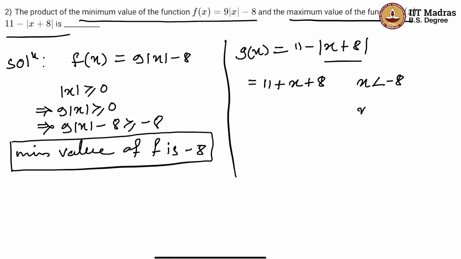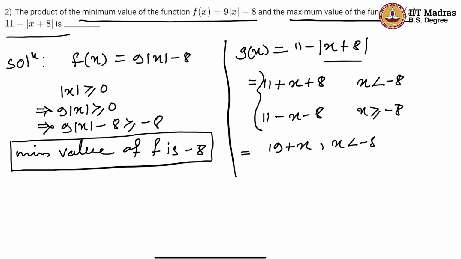And if x is greater than or equal to -8, then this term will be positive, then it will be 11 - (x + 8), right? So if we simplify it, it will be 19 + x when x is less than -8, and 3 - x when x is greater than or equal to -8.